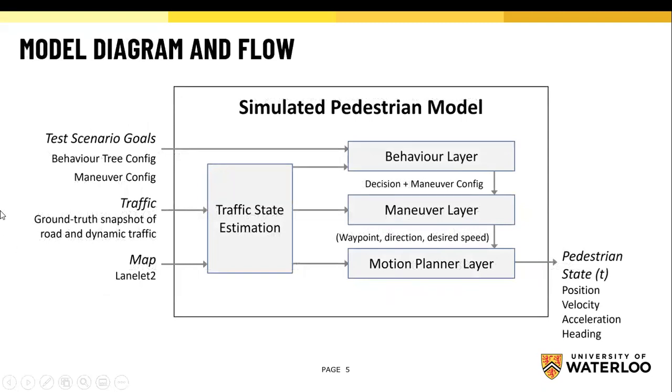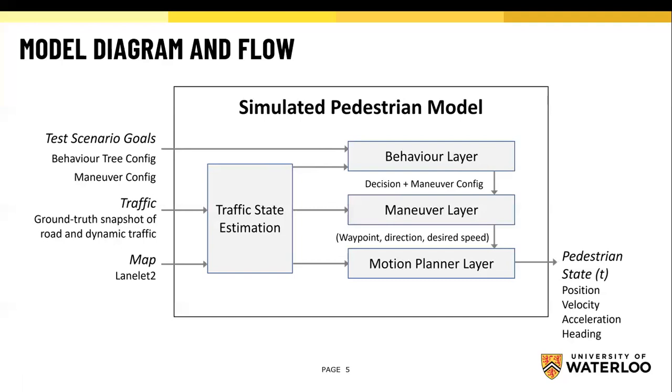Jumping into the model, this is a high-level overview of the model's structure and some of the information flow between the different components. I'll draw your attention to the right-hand side. I mentioned it's a hierarchical model, so we have three ordered hierarchical layers that feed into each other and compose the model.